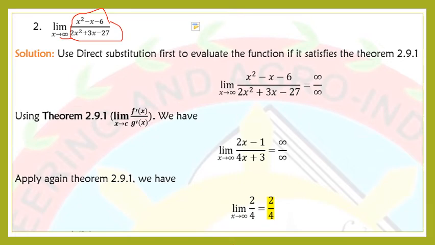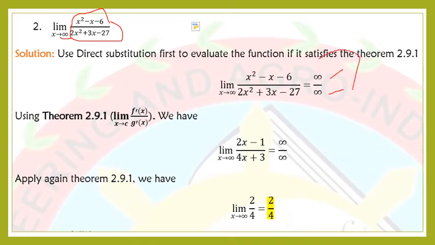When we substitute, infinity squared is infinity, minus infinity is still infinity, minus 6 is still infinity, because infinity is much larger than 6. The same with the denominator: 2 times infinity squared is infinity, plus 3 times infinity is infinity, minus 27, the result is still infinity.